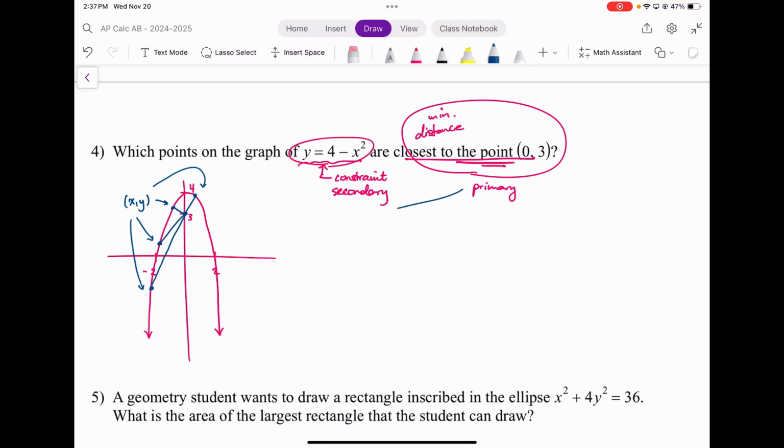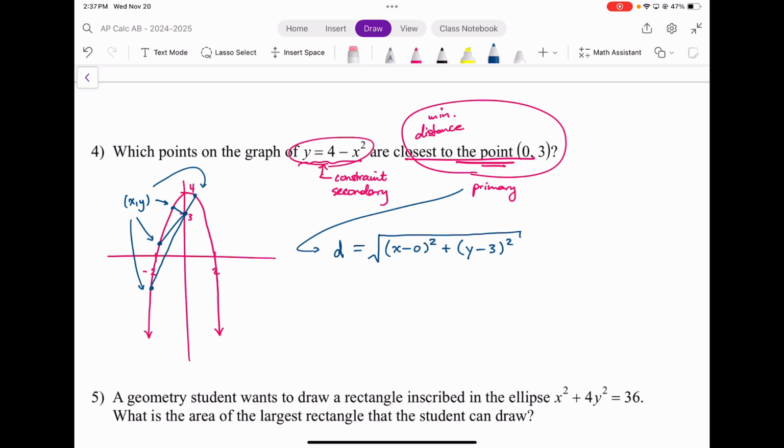Okay. So primary equation. This would be the distance formula, right? We're going to calculate the distance between 0, 3 and x, y. So that's going to be the square root of x minus 0 squared plus y minus 3 squared. That is my primary.